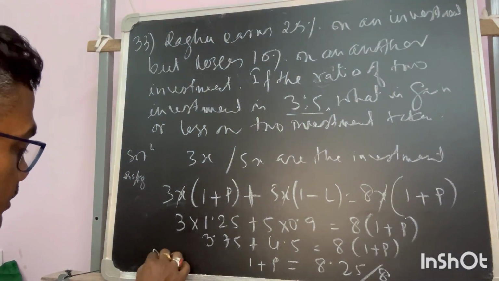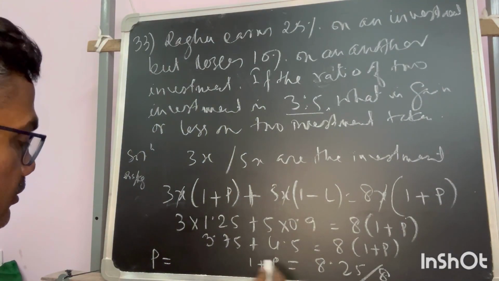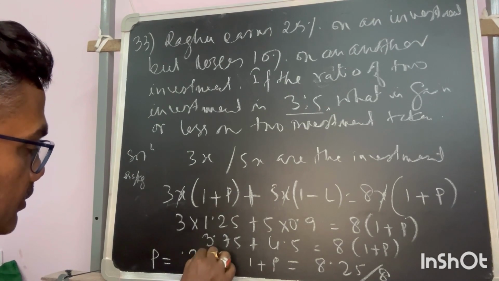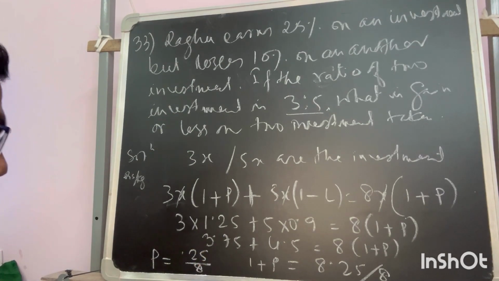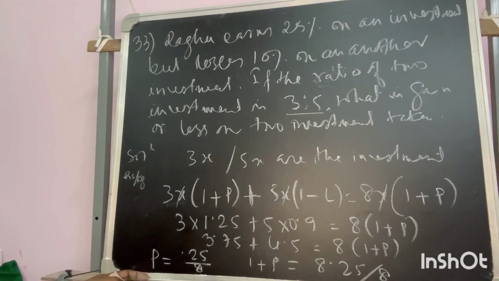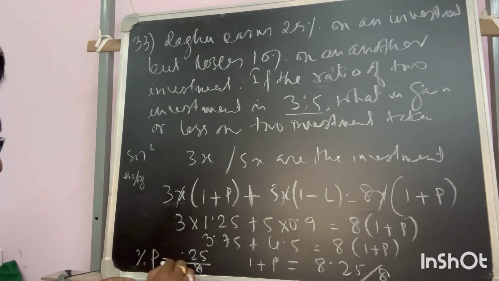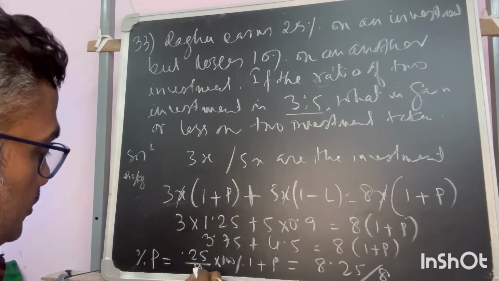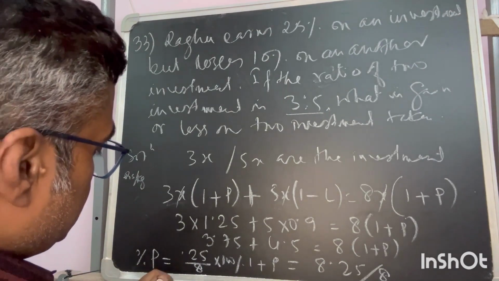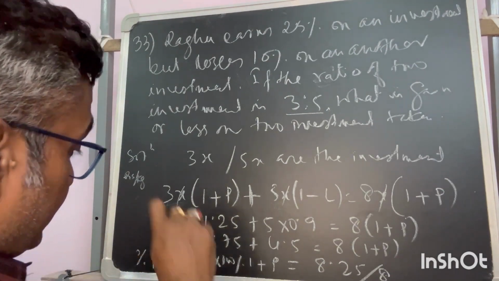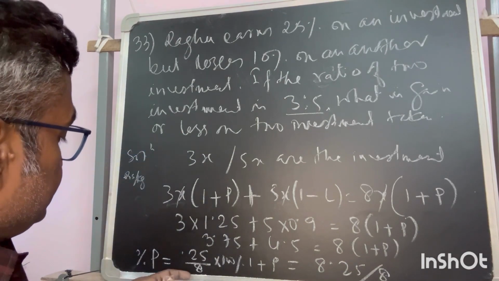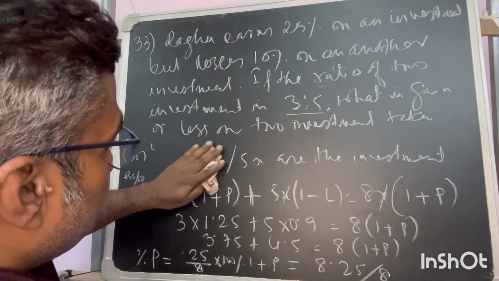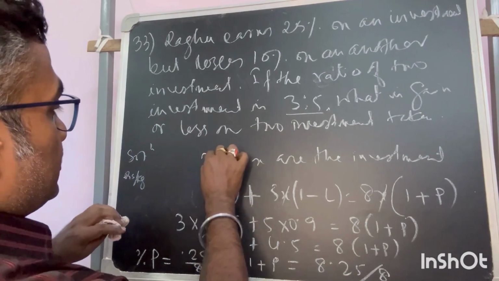So profit is equal to, if I calculate from this, one will go there, it will be 0.25 by 8, isn't it? So profit percentage, if I take, this is equal to 100%. So how much is it? Let's say, okay, let it be like that.